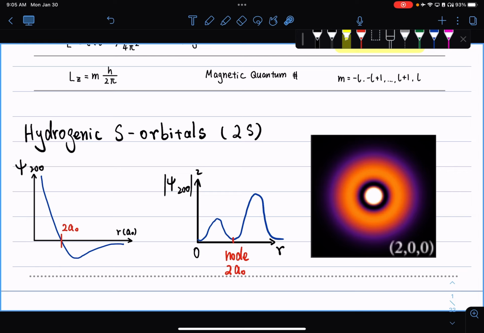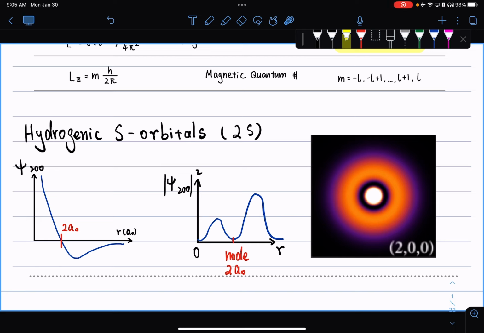So what does a node mean? A node means that at this position, the wave function is changing its sign. Before it's a positive number, after the node, it's a negative number. So the wave function changes its sign at that radial node. What's the physical meaning of a node?